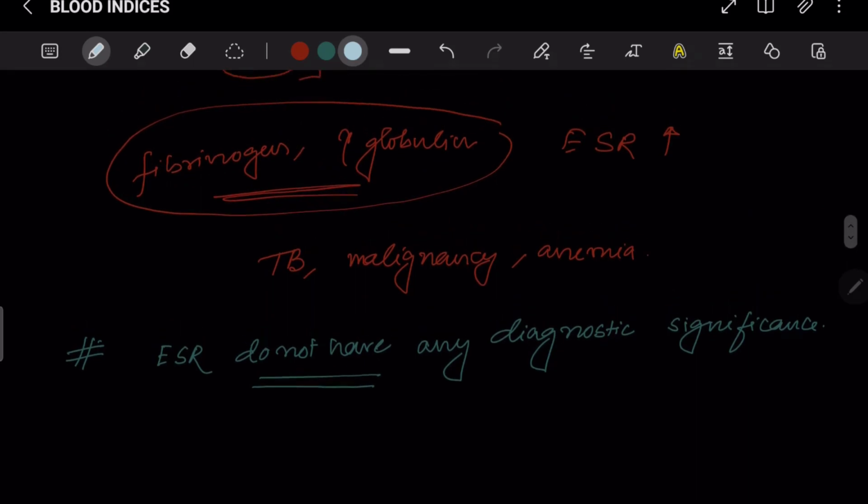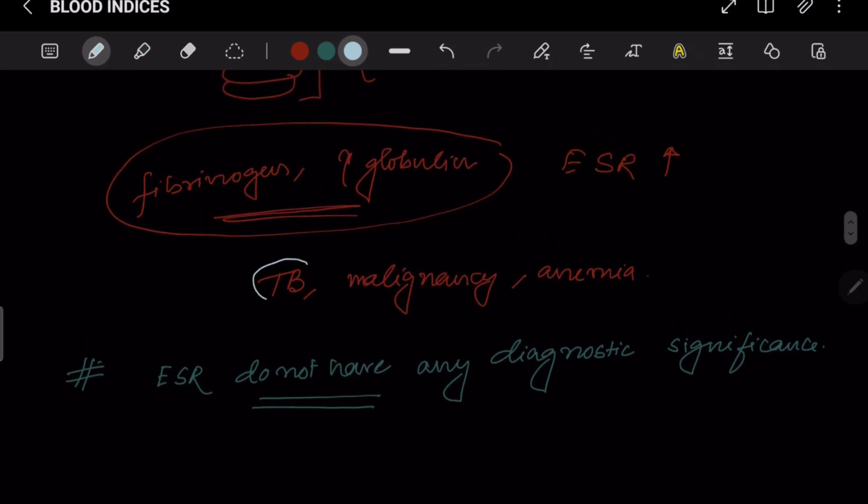As we have seen earlier, ESR increases in case of tuberculosis, malignancy, and also anemia. So if an increased ESR is found, we won't be sure which pathological condition is present. Thus, ESR is not of any diagnostic significance.